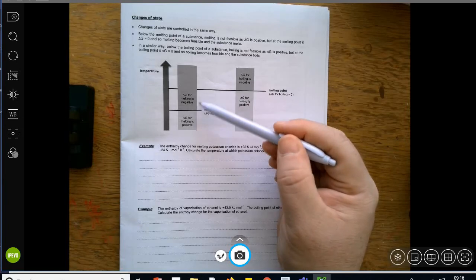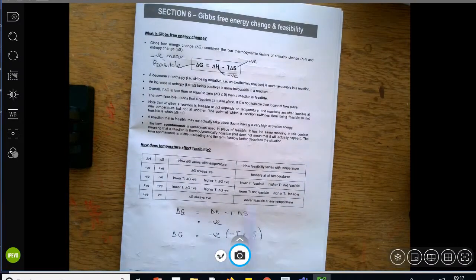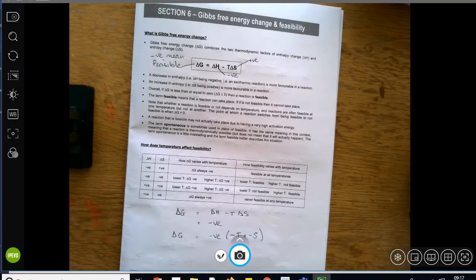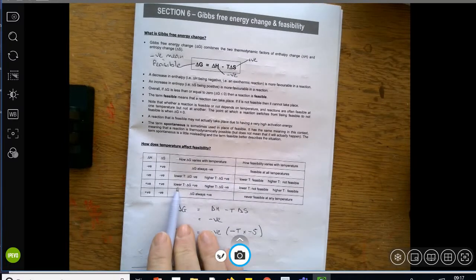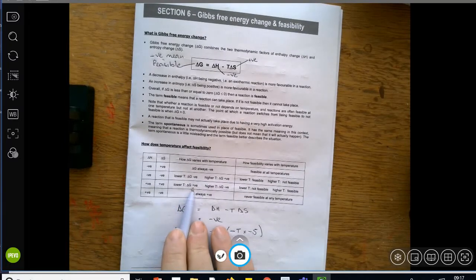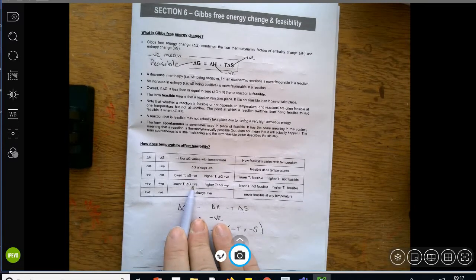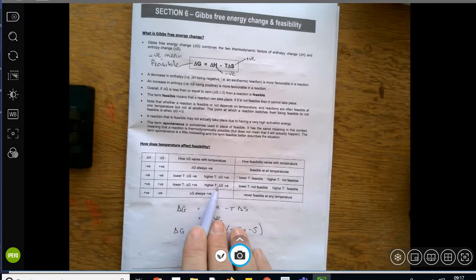So going back to the tables, you can check on this from the previous tables. It's at this point, okay? So we've got temperatures lower than this, delta G is positive. At temperatures higher, then it's negative.